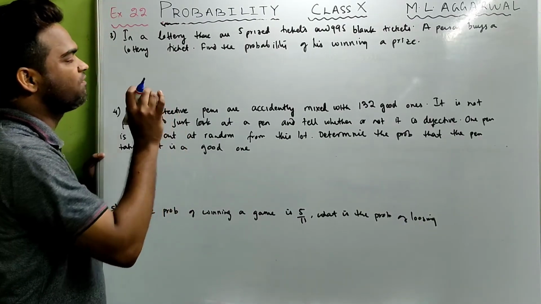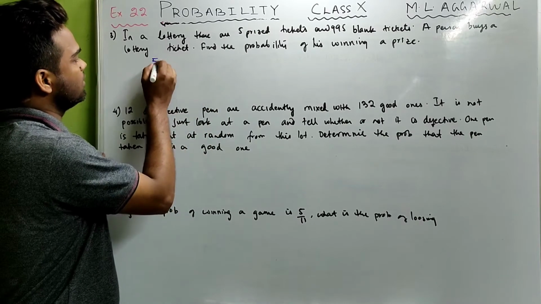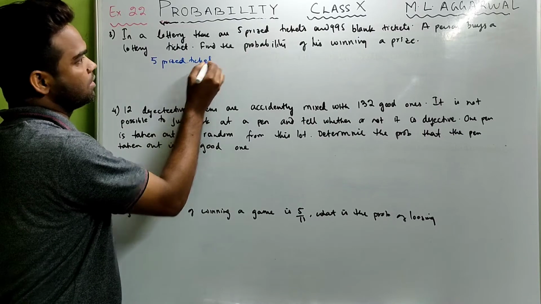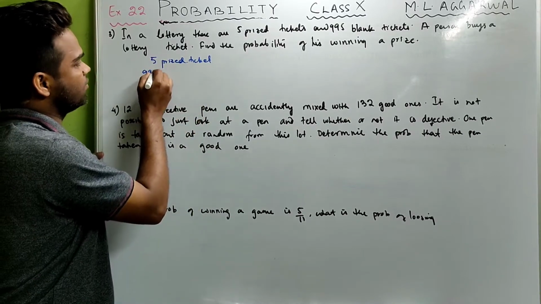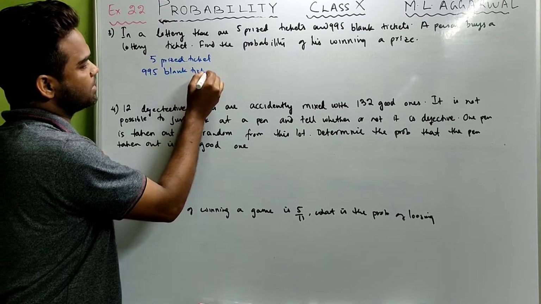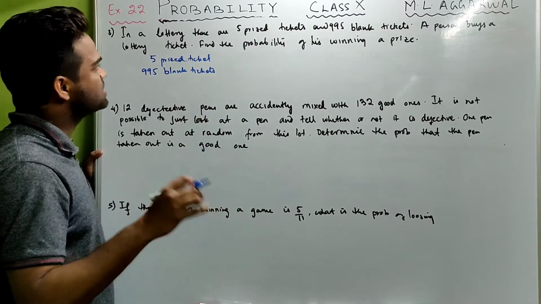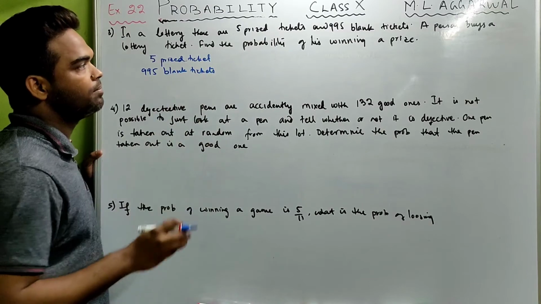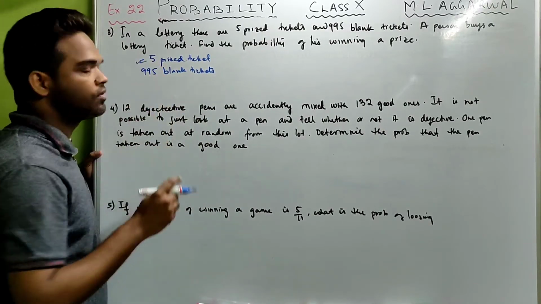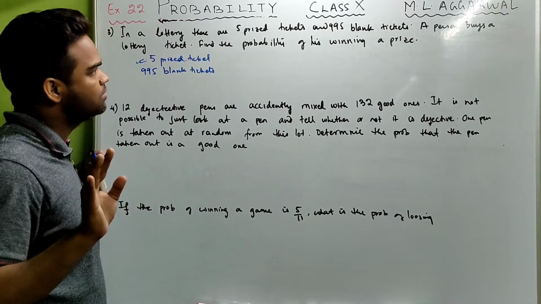In a lottery there are 5 prize tickets and 995 blank tickets. A person buys a lottery ticket. Find the probability of his winning a prize. So if you get one out of these 5, you win.